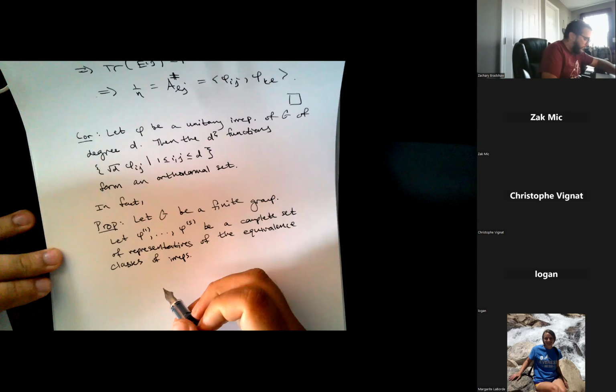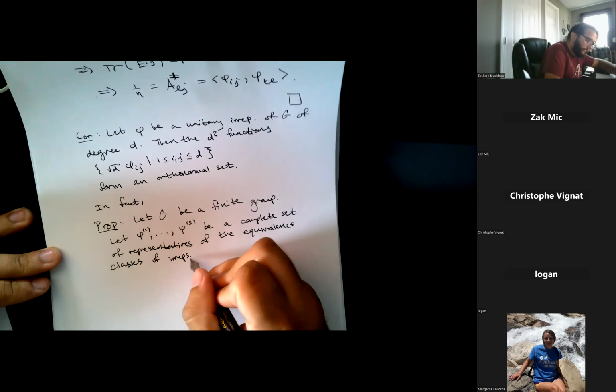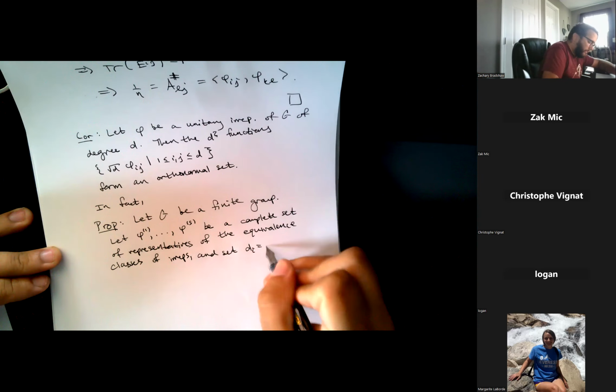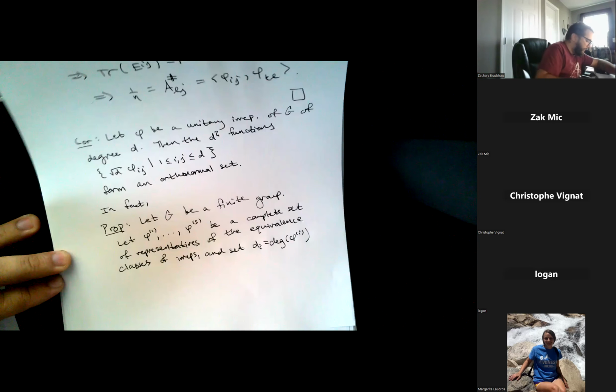Oh, I need one more thing. Set the degree of phi i to be d_i.